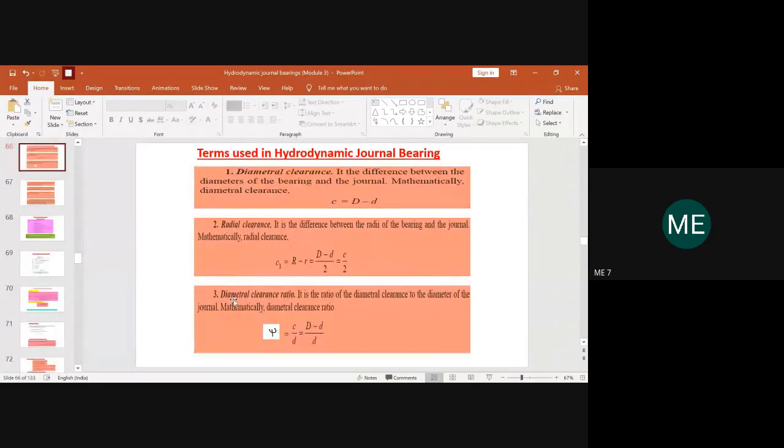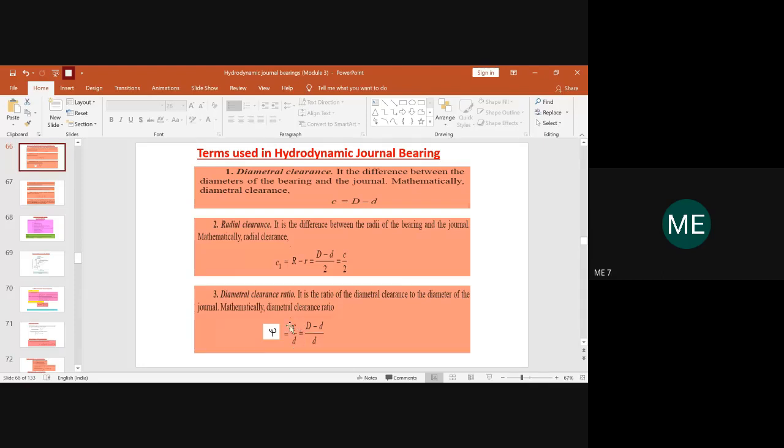Right, so the diametrical clearance ratio is given by C upon D, where C is the diametrical clearance and small d is the diameter of the journal.